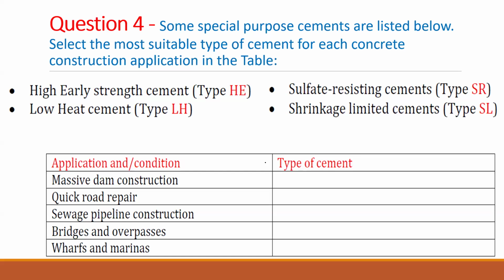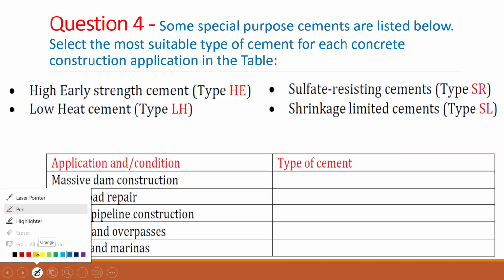When it cools down, the same material shrinks. So the outer surface and the inner material will undergo different thermal expansions and contractions. So you need to control what? The heat. Low heat cement.